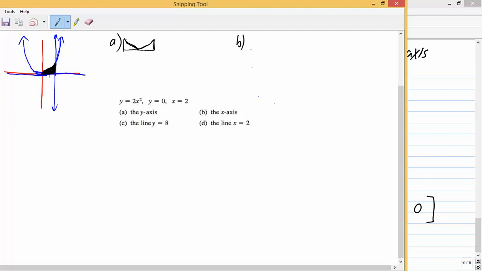Right, let's see what would B look like around the x-axis. So you have this figure here, and then you want to revolve that about the x. So it's going to be kind of a mirror of that figure here. And so that's going to be a solid figure. Is this figure on A going to be a solid figure, or are we going to be missing some stuff inside?